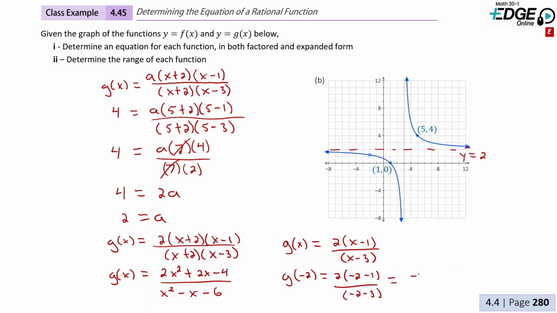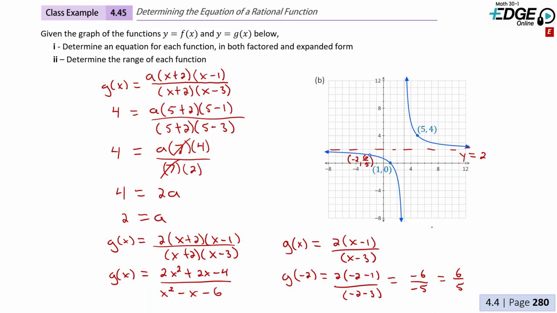So this is going to be equal to negative 6 over negative 5, or 6 over 5. So now we know where this point of discontinuity is. This is at (-2, 6/5). So we have to exclude that 6 over 5 from the range.